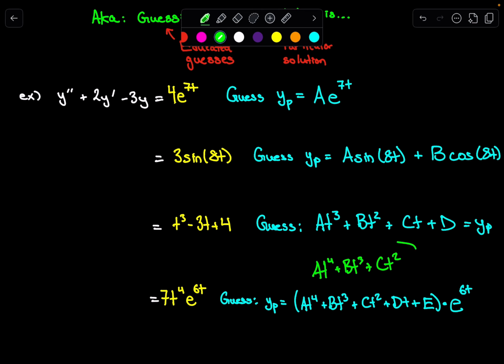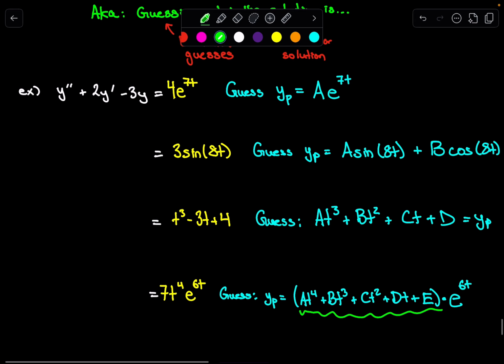If you include these in the original guess, those derivatives are all going to go down 1 power, 2 powers, etc. So just to cover all of our bases, even though we just have a single term from a 4th degree polynomial here, just this 7t to the 4th, we need to bring all of these along and hope that when we're solving this, things cancel out. This process follows along.